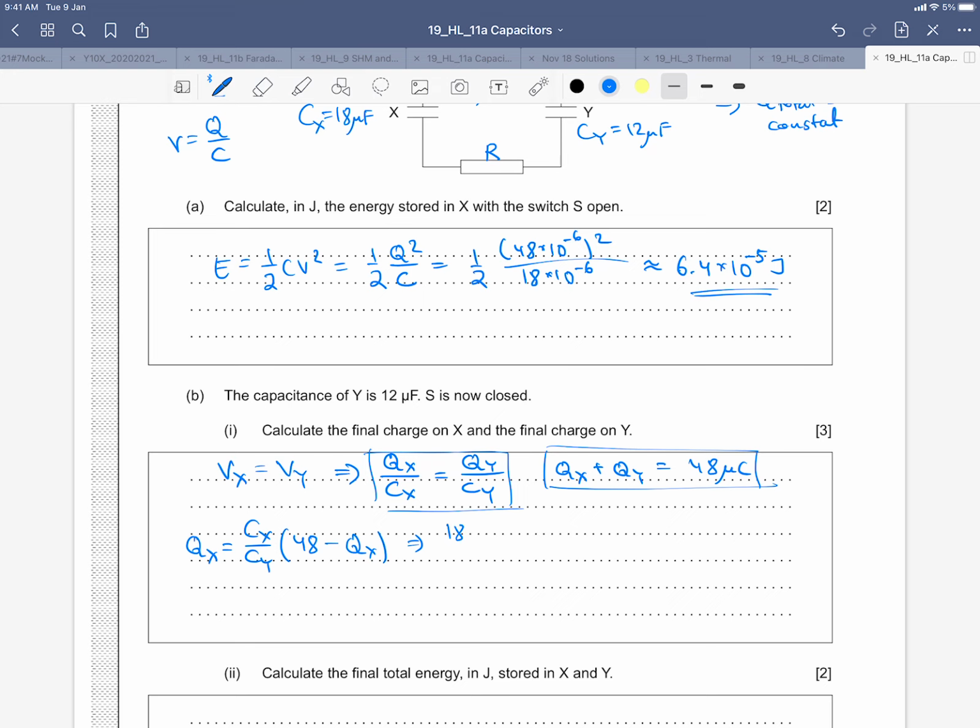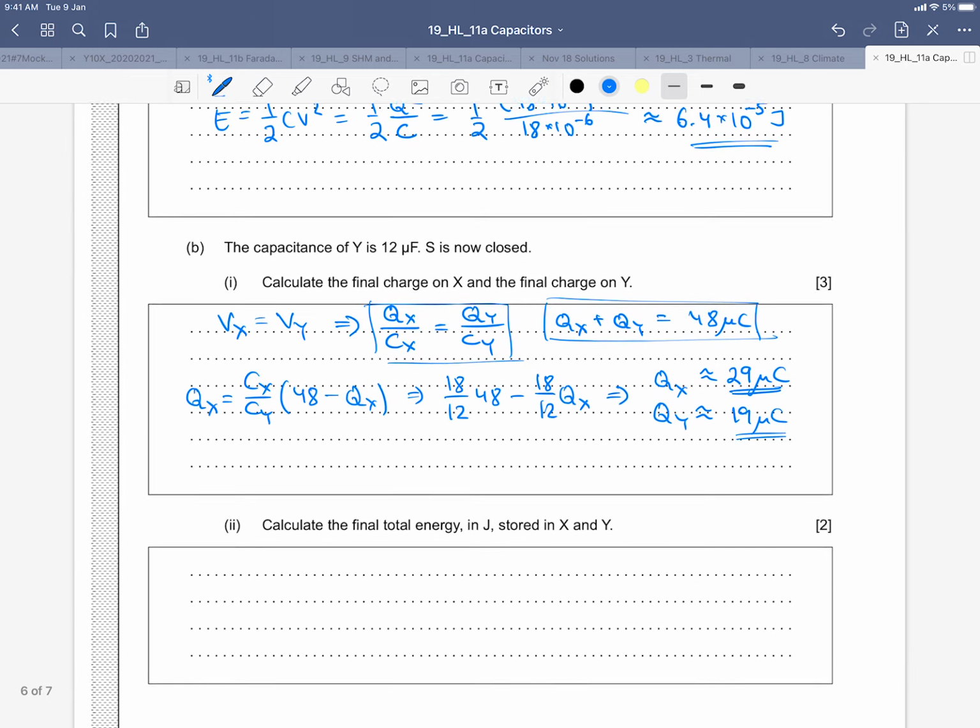So CX is 18, CY is 12, and then we can expand the bracket. And then we add all that over on one side, and you can do the math. So if you just do the math, you don't have to show the steps. You get 28.8, so round that off to 29 microcoulombs. You get 19.2, which is 19 microcoulombs. So yeah, that one was a little bit tricky.